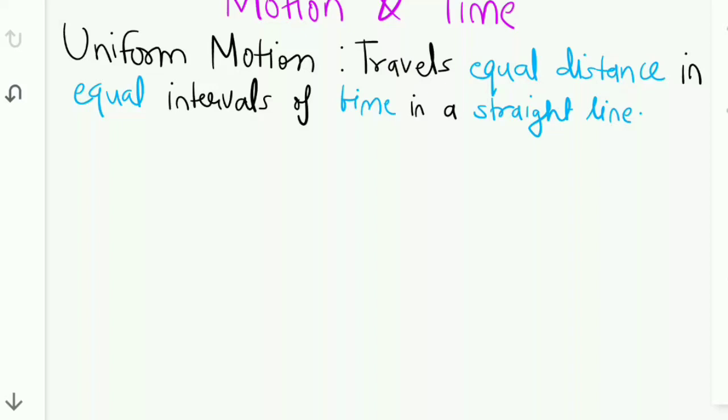Let's now talk about motion, uniform motion and non-uniform motion. So uniform motion means when a body travels equal distance in equal intervals of time in a straight line. So let's first talk about this first part till time here.